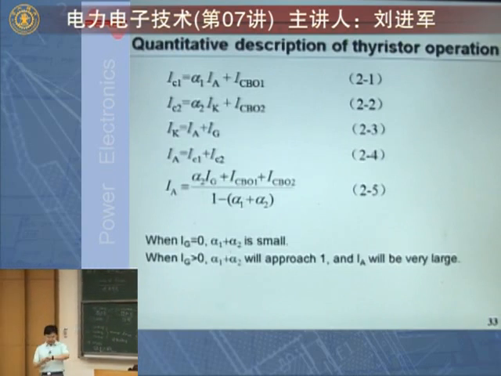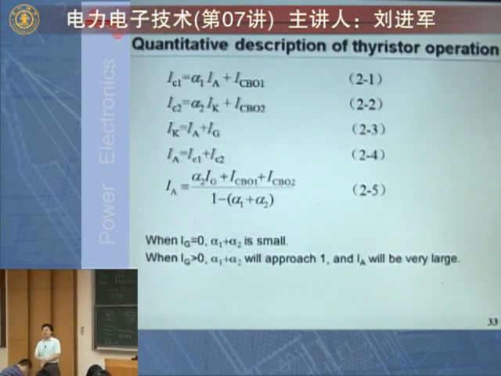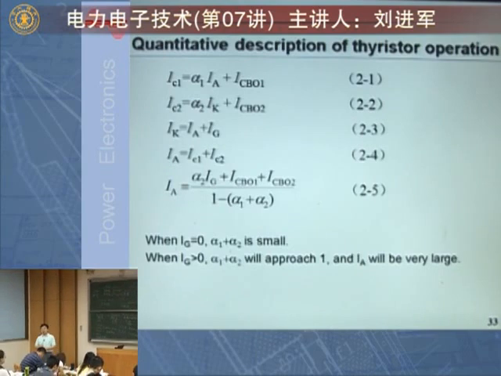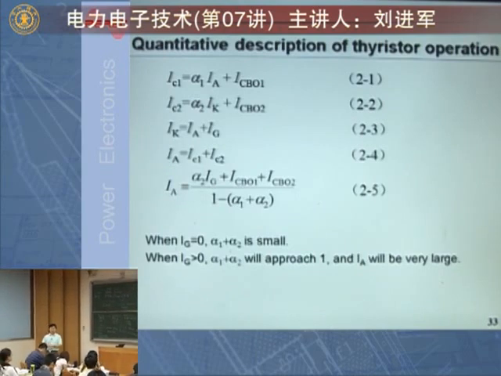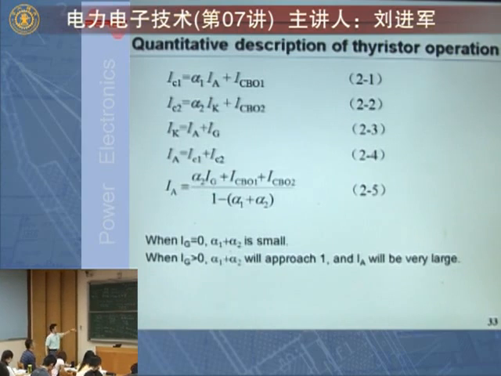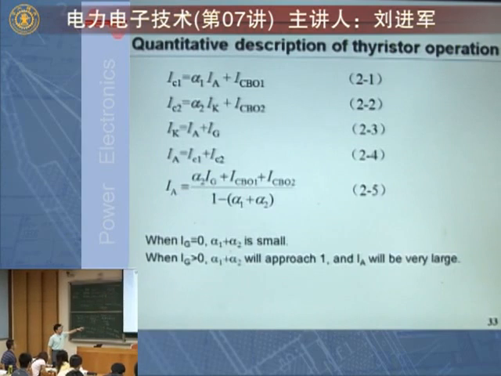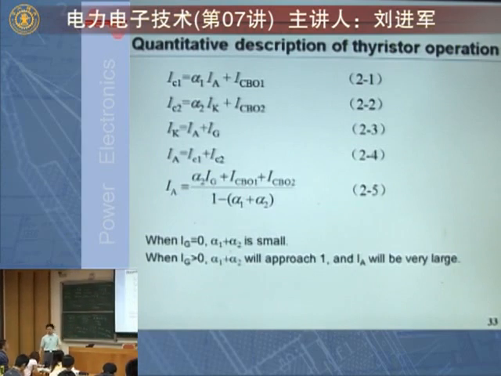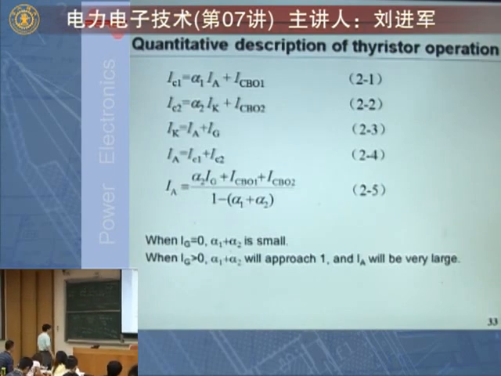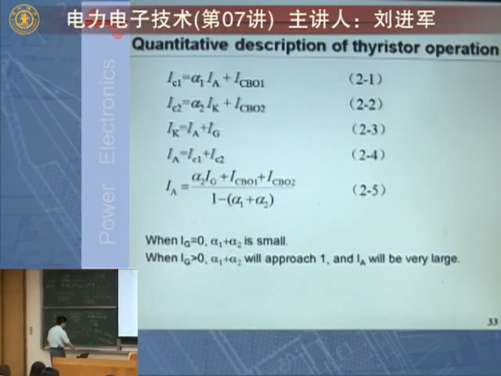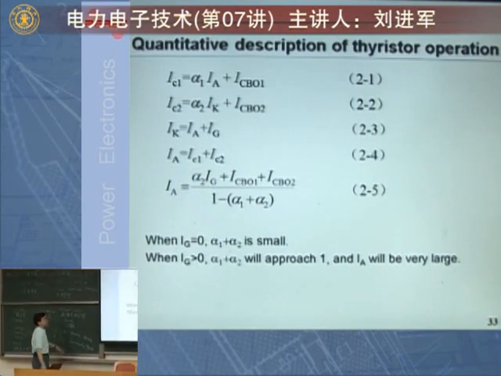Usually, there is another way of explaining the physics of operation for the thyristor. That is still based on this two transistors model, equivalent circuit. But you can have some detailed discussion based on those equations.